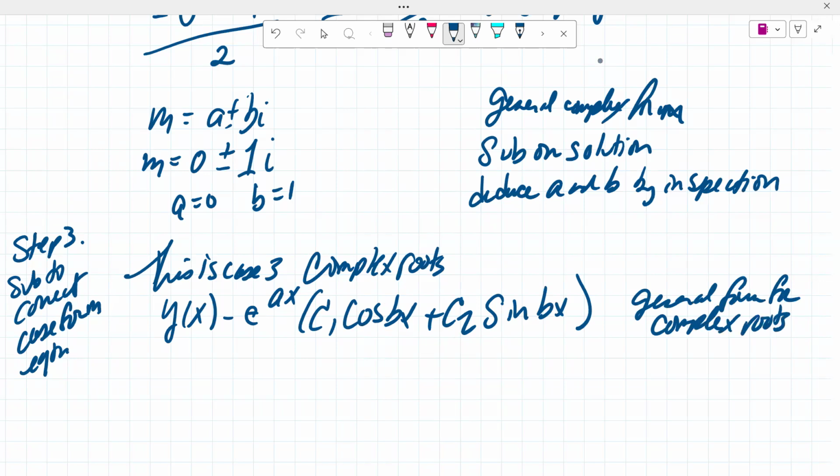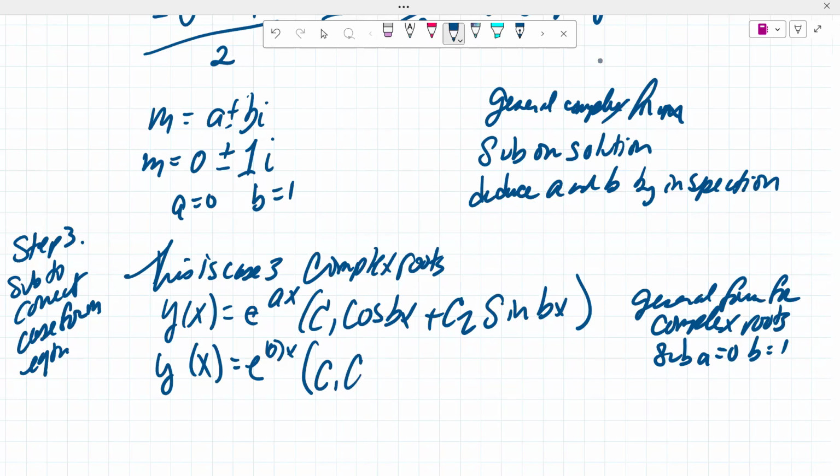All right, next what we're going to do is sub in our a and b values. So a equals 0 and b equals 1. So y of x equals e to the... oh, sorry, we need to sub in a. a is 0 x times c1 cosine.